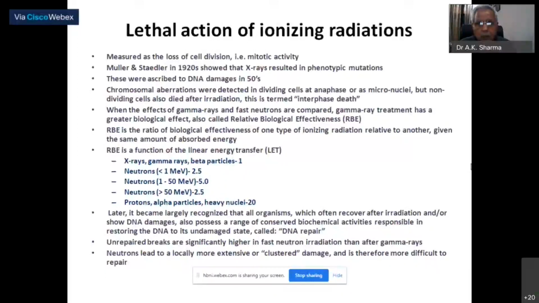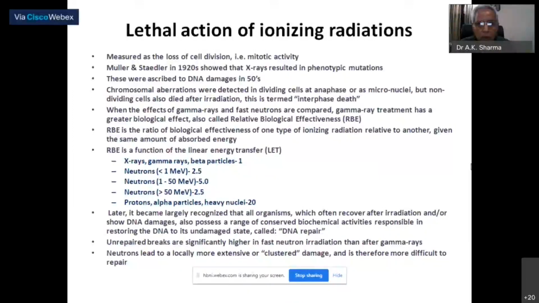So many changes could happen when the cells were dividing, and it resulted in interphase death. That means cells could no longer multiply, and they just couldn't reproduce because of these changes or aberrations which were happening in chromosomes.